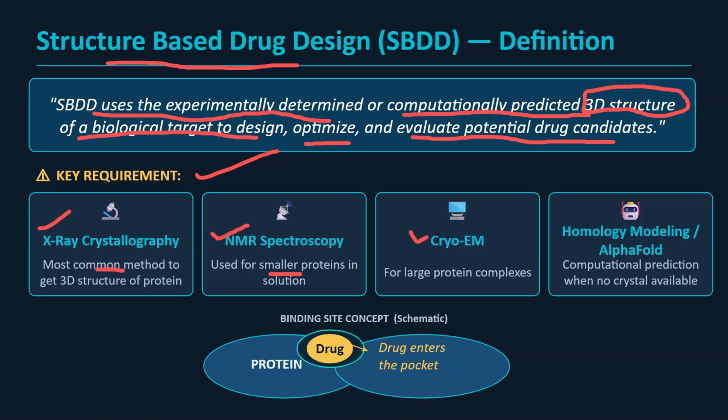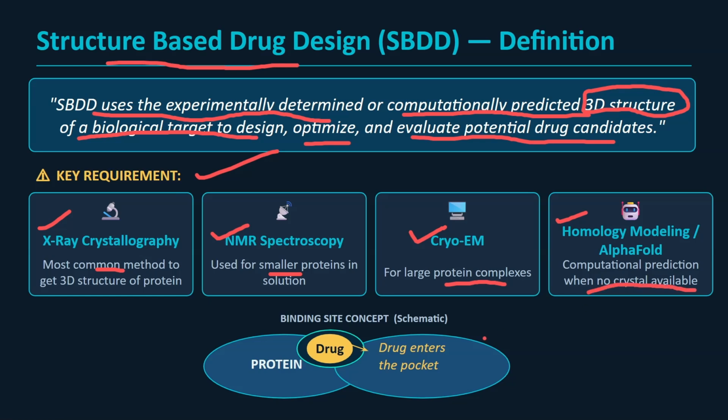Another one is the cryo-electron microscopy, which is used for the larger protein complexes. Or we can also predict the 3D structure of a protein by using computational methods or the homology modeling. This is the method which we use to predict the 3D structure of a protein when there is no crystal structure available.